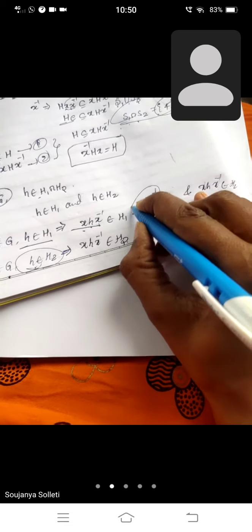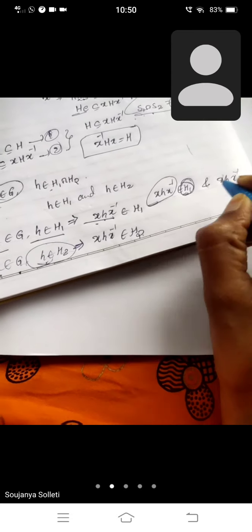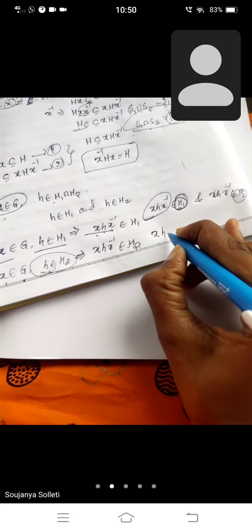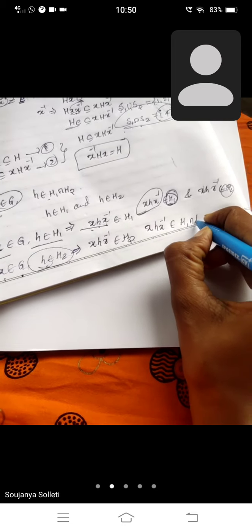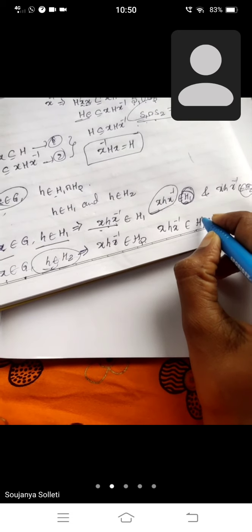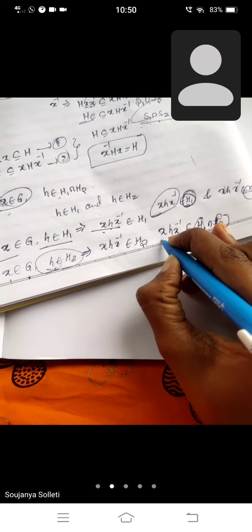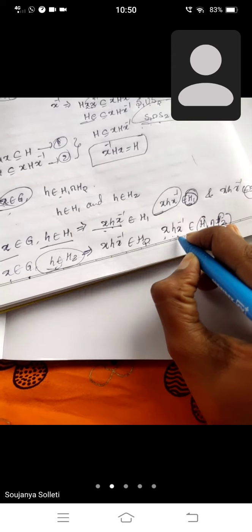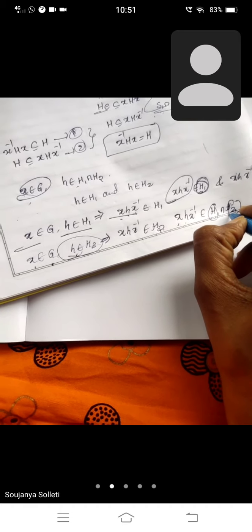This element belongs to both the sets H1 and H2, so we can write x h x inverse belongs to H1 intersection H2. Given that H1 is a normal subgroup and H2 is a normal subgroup, finally we get x h x inverse belongs to H1 intersection H2.